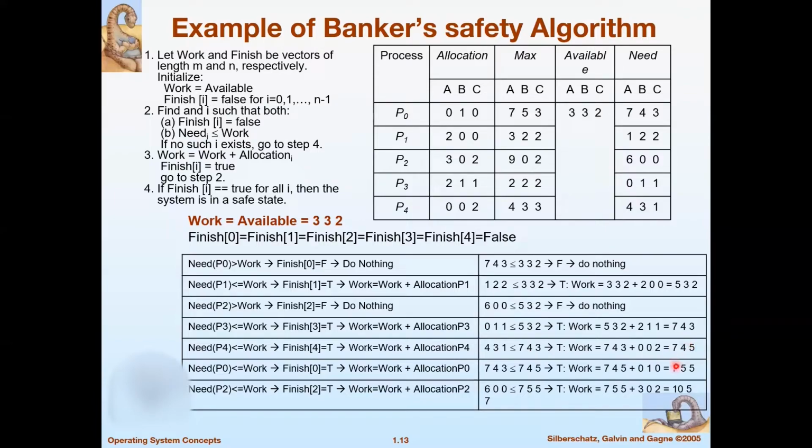I will go back again. We find the future requirement for process P0 is 743, which is less than or equal to our available resource at this instance of time.